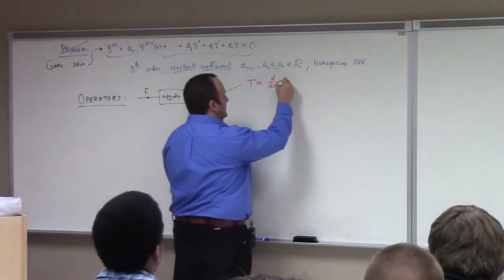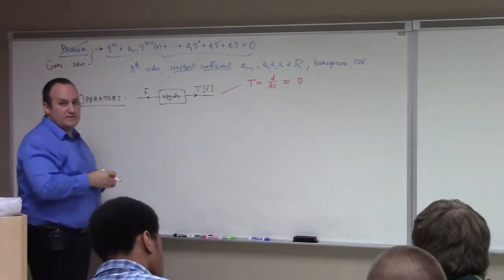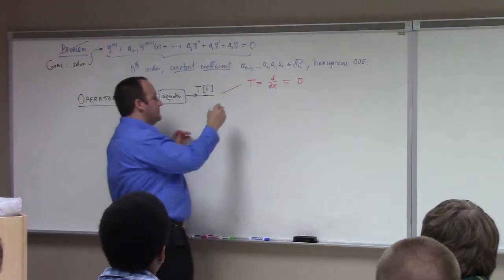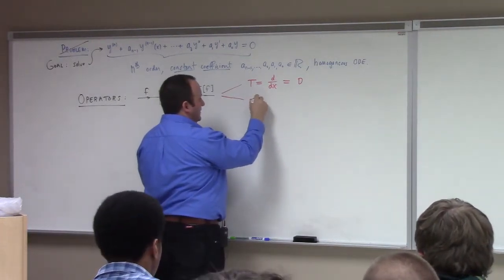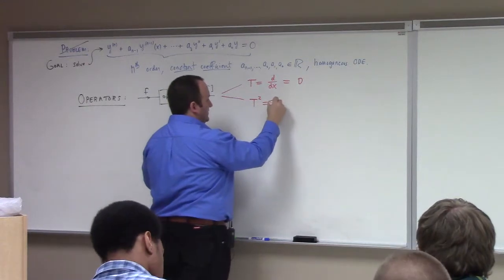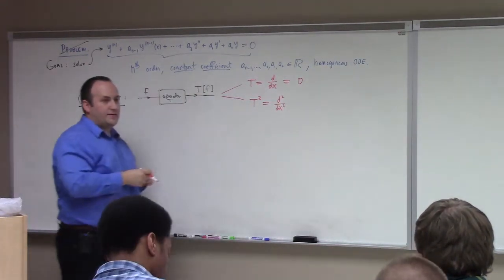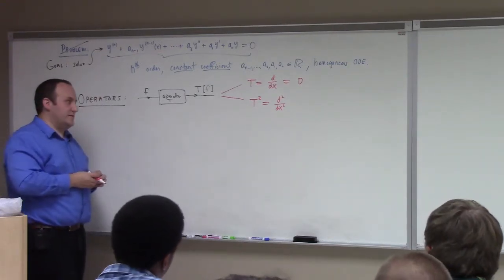A typical notation here will be we'll use big D for this today. In fact, for most of the course, big D. What else would be an operator? How about what's called T squared? This would be d squared/dx squared, also an operator. We can take the second derivative of a function, right? What is another example of an operator?